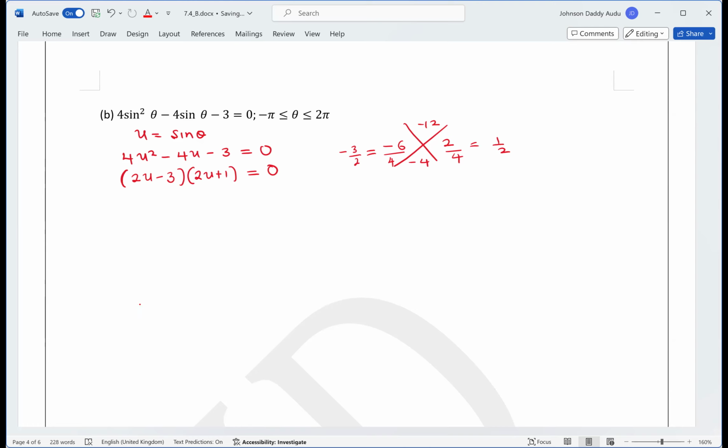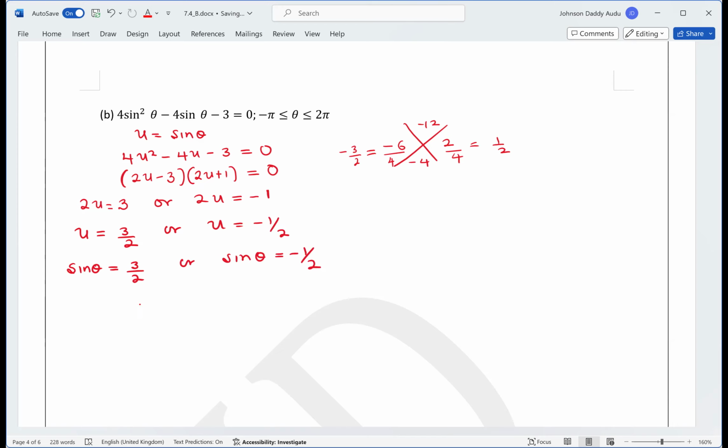It simply means that 2u is equal to 3, or 2u is equal to minus 1. This means that u is equal to 3 over 2, or u is equal to minus half. But what is u? u is sine theta. So we have sine theta is 3 over 2, or sine theta is minus half.